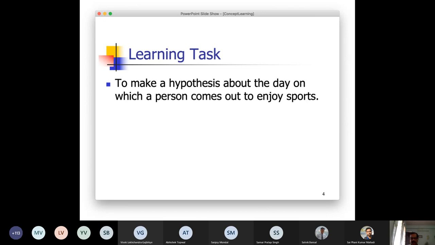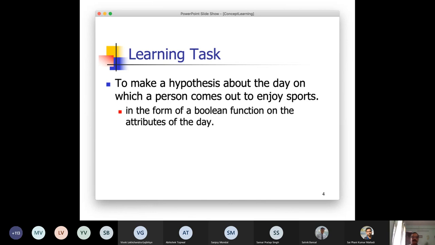In this case, it is a kind of formation of a formula, where each attribute value will be expressed like a Boolean literal. If the combination of those literal values is true, it means it is true for enjoying sports, and false means you cannot enjoy sports. That is the kind of prediction. That is your learning task.